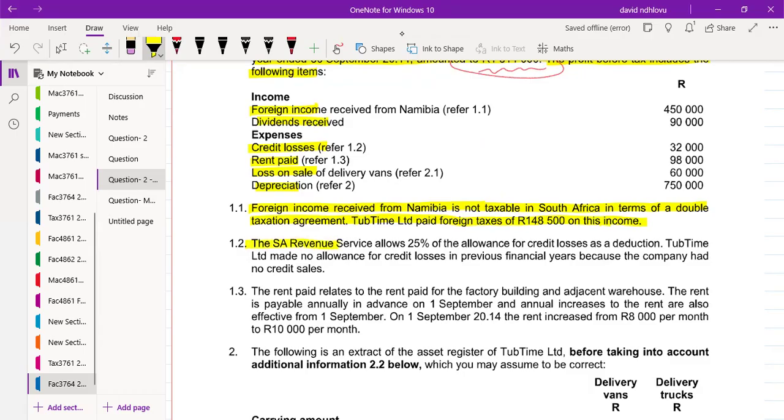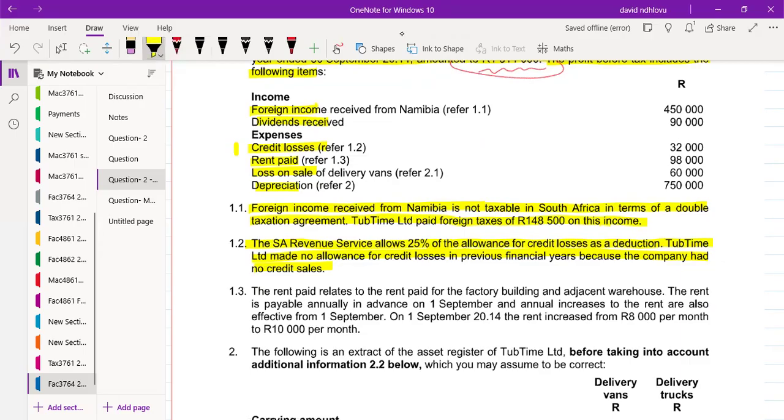The SA Revenue Service allows 25% of the allowance for credit losses. Tape Time Limited made no allowance for credit losses in the previous years because the company had no credit sales. Again, from an accounting perspective, there is no problem in including a movement in allowance for credit losses. So this amount is correct as it is.